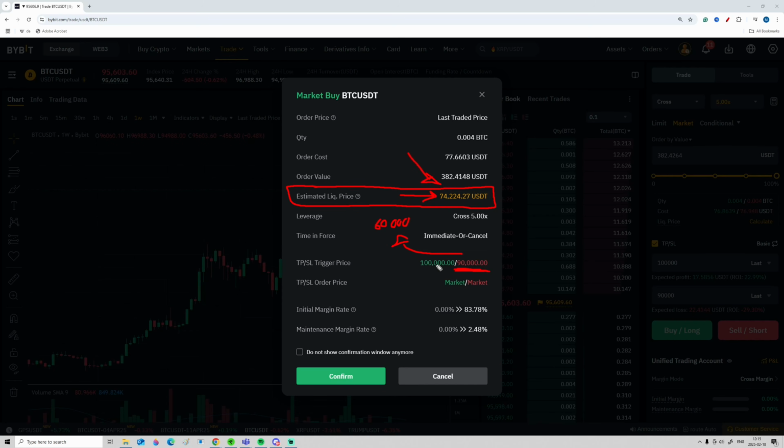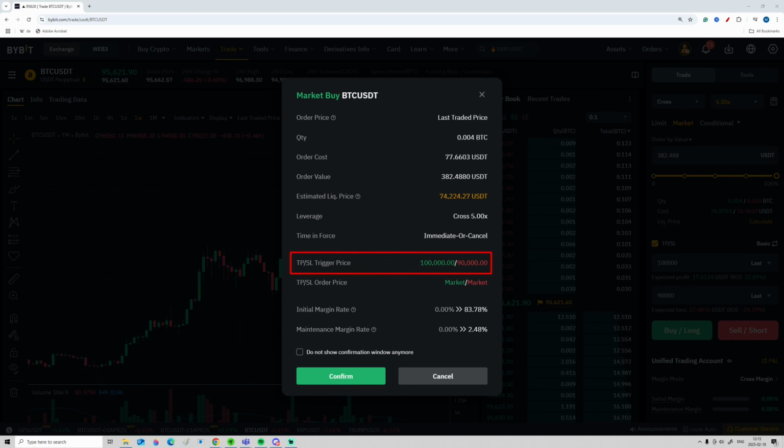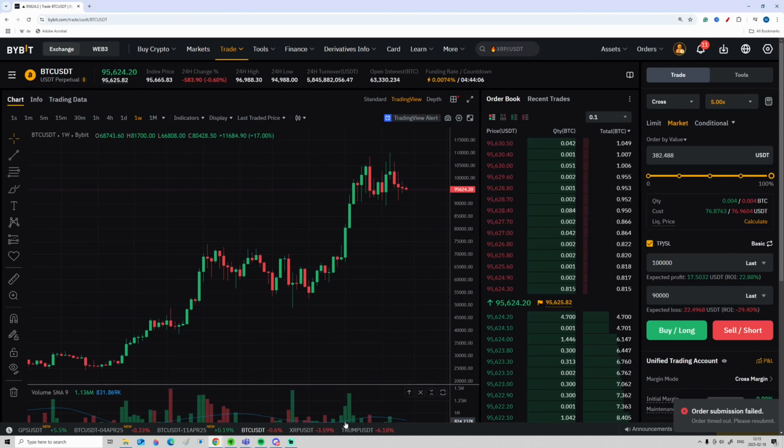So always make sure that you have your stop loss above the liquidation price. If your stop loss is below, that means that you need to change the leverage and change the estimated liquidation price. So always, guys, make sure to double check the liquidation price. Also double check that the take profit and stop loss are correct. And when you are ready, you can click confirm right here.